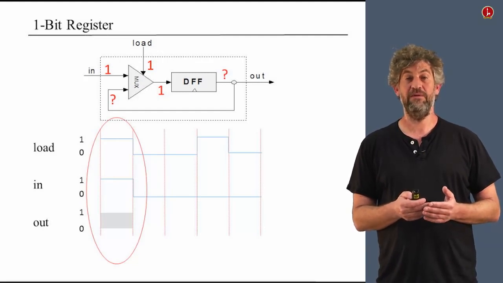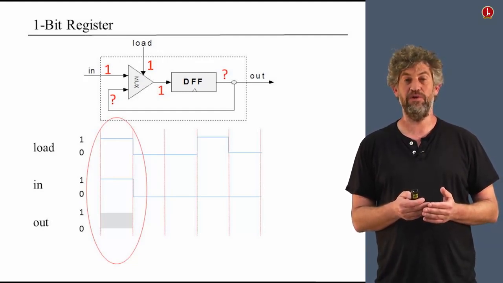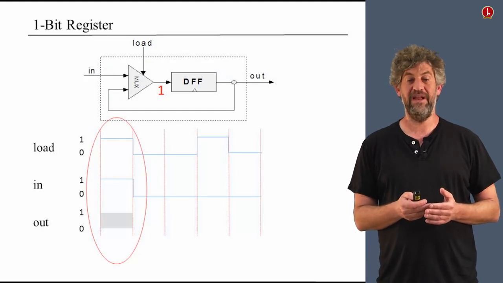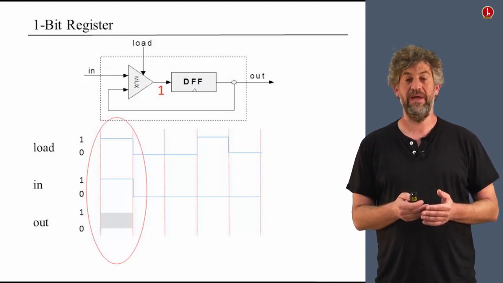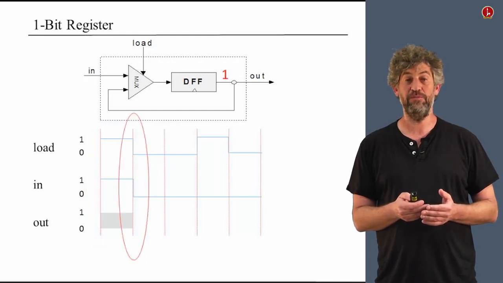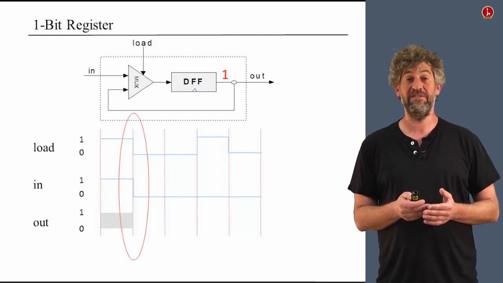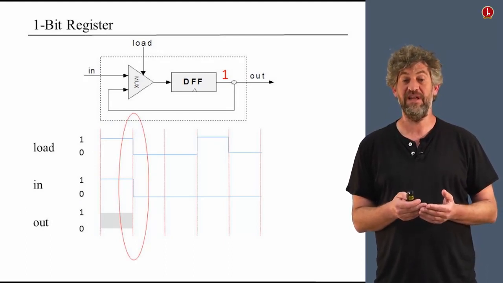Now this implies exactly what is going to happen in the next time step. In the next time step, the 1 that was the input of the D flip-flop is going to be passed and is going to be the output of the D flip-flop in the next time unit, exactly when we switch between time units. Now we can fill up the rest of the information about what happens in the second time unit.